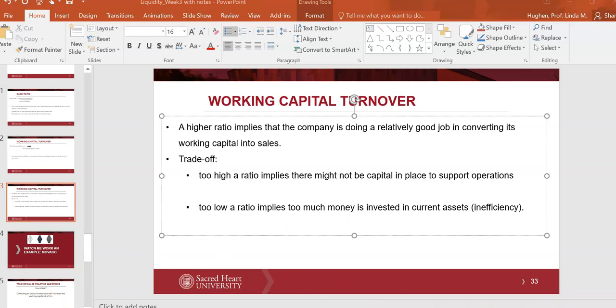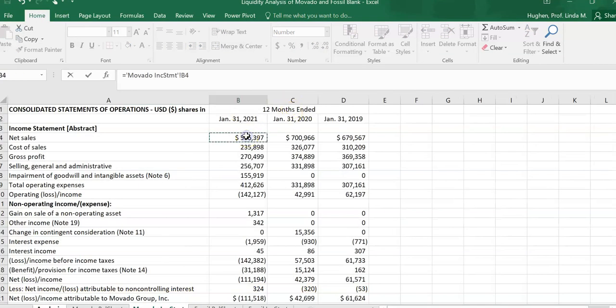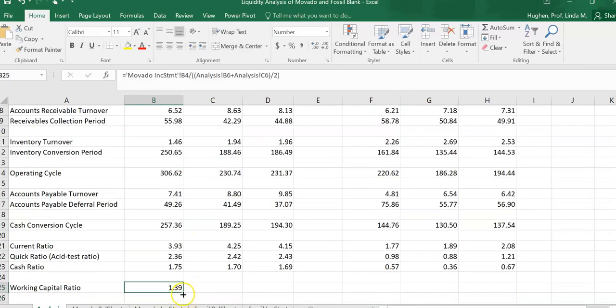Look at the working capital turnover of Movado and compare it to that of Fossil. Working capital turnover, I want sales divided by average working capital. Since I have working capital here on my analysis page, I return here, and I see that I only have working capital.